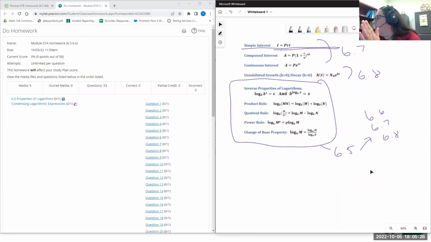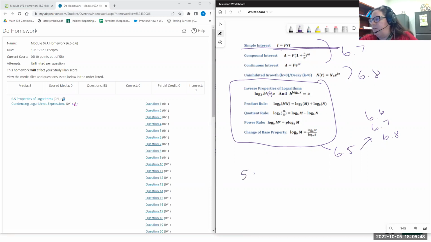One thing to note with these properties of logarithms, because that's what we're going to start with, is that all these equals signs you can think of as going both directions. You can replace log base b of b to the x with x, or you could take a number and turn it into a log of some base.